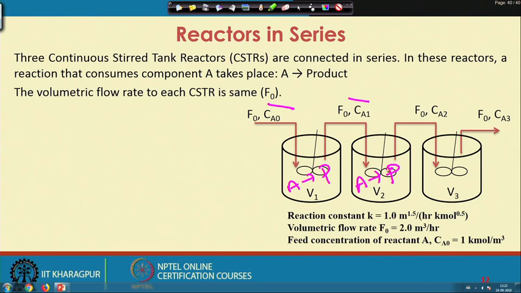So, the concentration of the stream that goes from CSTR 2 to CSTR 3 is Ca2, and here also A to products takes place. So, the concentration of the stream coming out of CSTR 3 is Ca3.